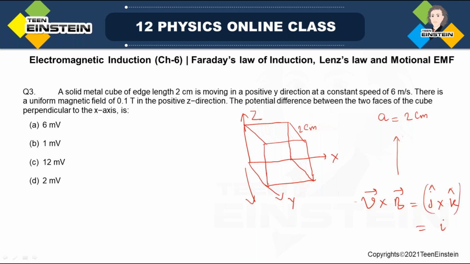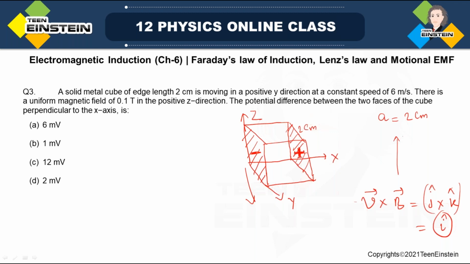So you can see that the charges or the ions will get deflected. Positive charge entities will be at this edge, and negative charge entities will be at this edge.